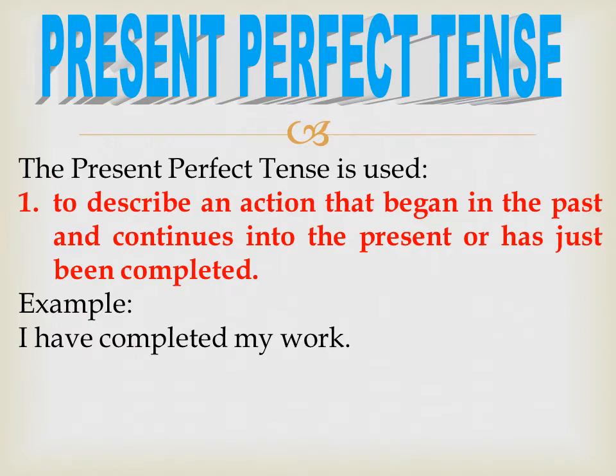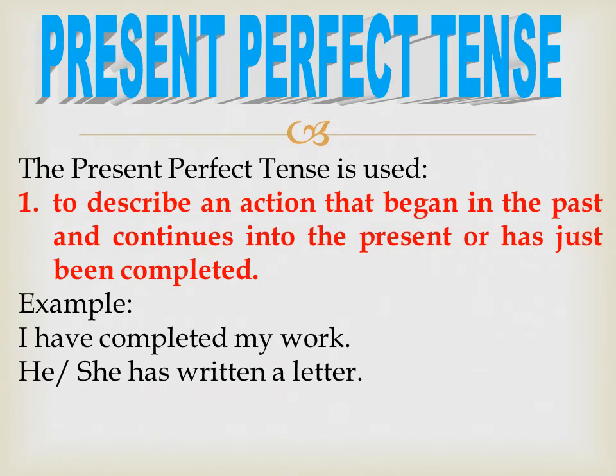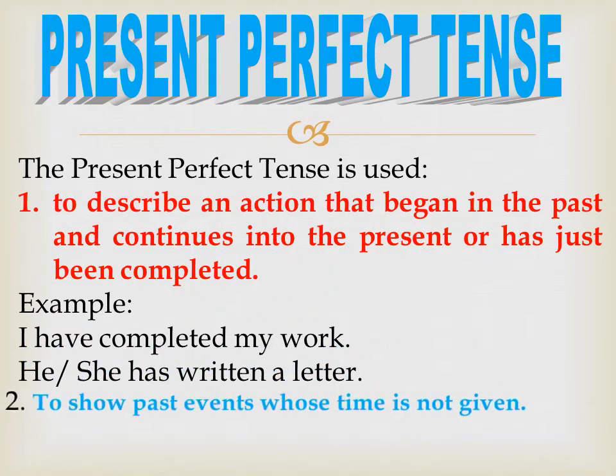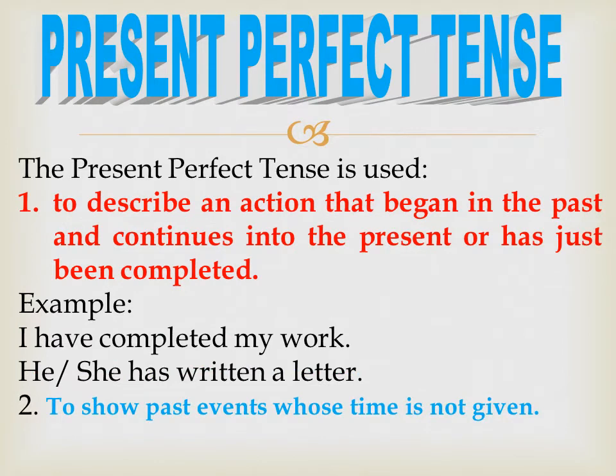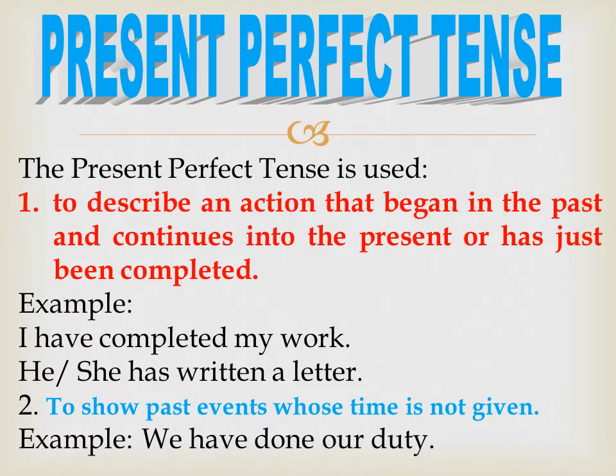It means that I started completing my work in the past and have just been able to complete it. The second example, she has written a letter. It is also used to show past events whose time is not mentioned. For example, we have done our duty.